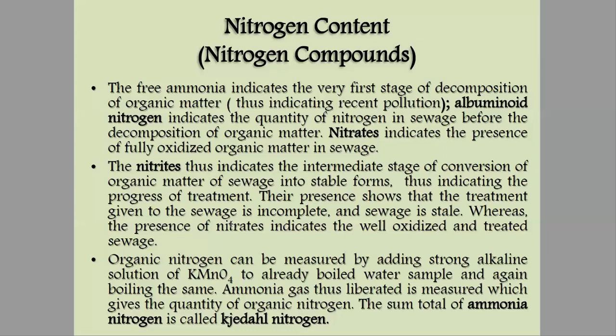We boil the water sample, add strong alkaline solution to the boiled water, and then boil again. The ammonia gas thus liberated is measured with the quantity of organic nitrogen. The sum total of ammonia nitrogen is called Kjeldahl nitrogen.